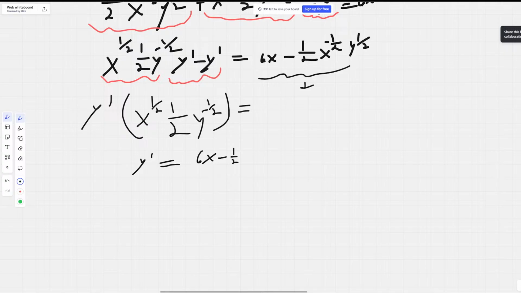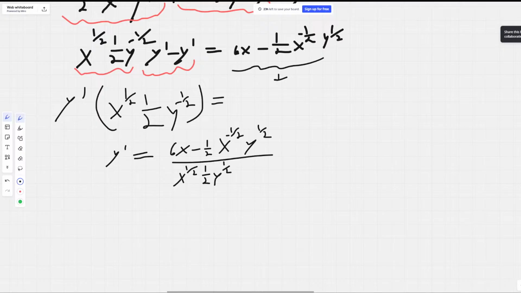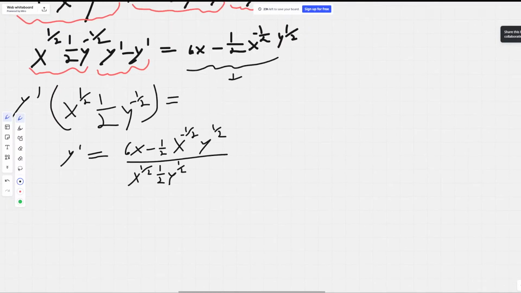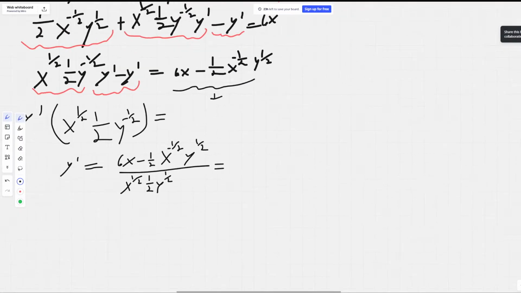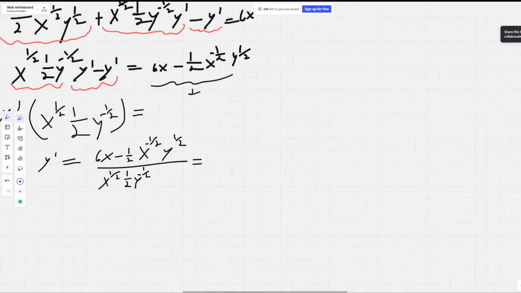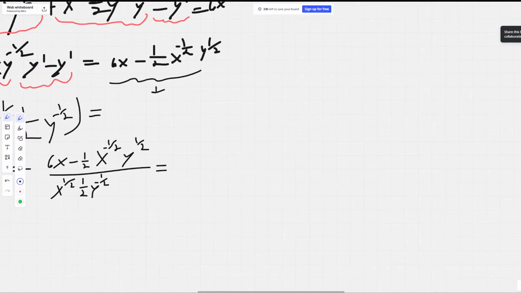X minus 1/2 x^1/2 y to the 1/2 over x^1/2 times 1/2 y^1/2. I said simplify when it was simple and easy. Well, what do we got here? Hang on a second, one of these is supposed to be negative, like this. And thus we take the inverse of the negative powers.